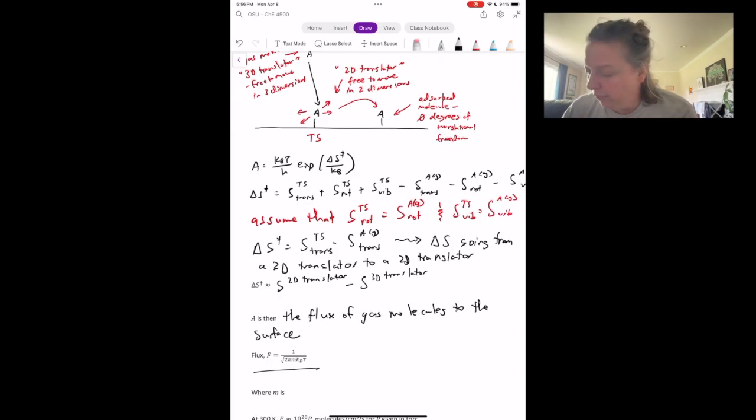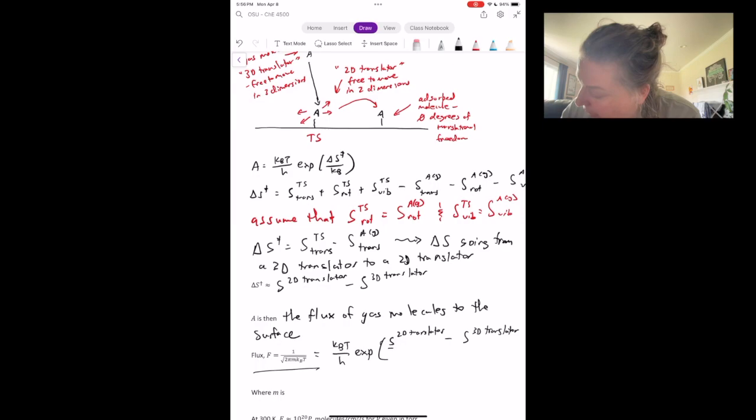So then this flux here is going to be equal to kBT over h times the exponential of S 2D translator minus S 3D translator divided by the Boltzmann constant kB.